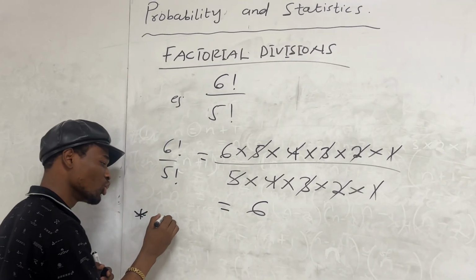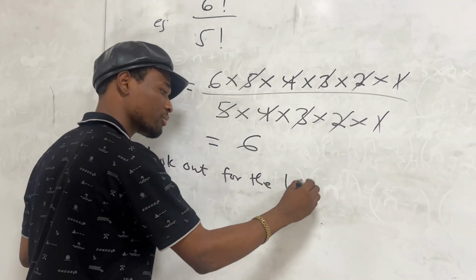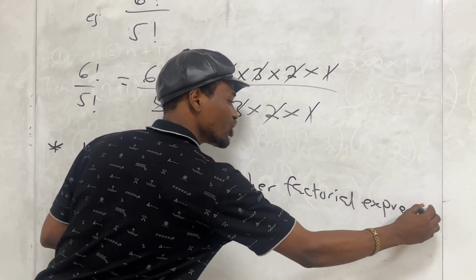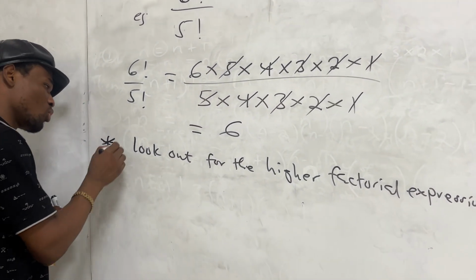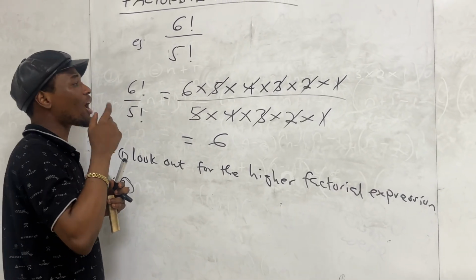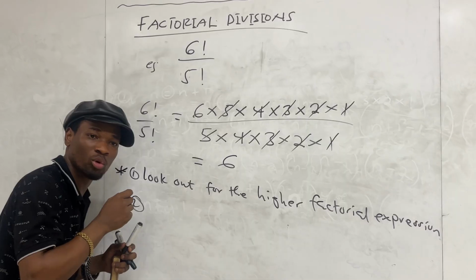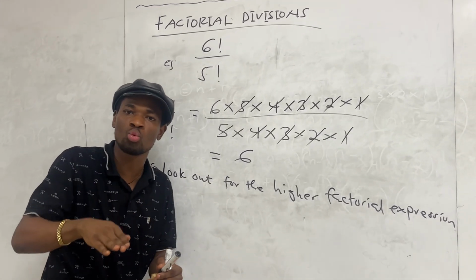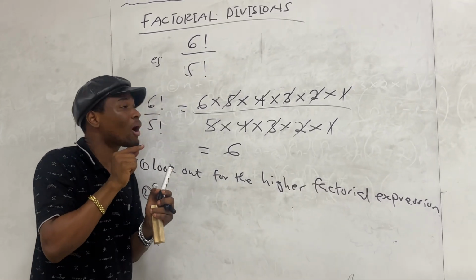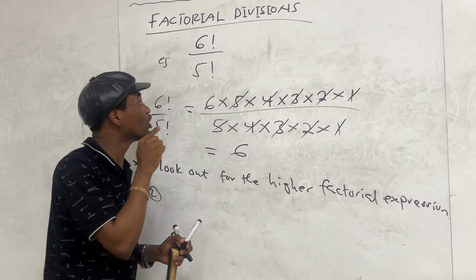Then, once you are able to figure out the one with the higher factorial expression, you pick that higher factorial expression and reduce it so it levels with the lower factorial.